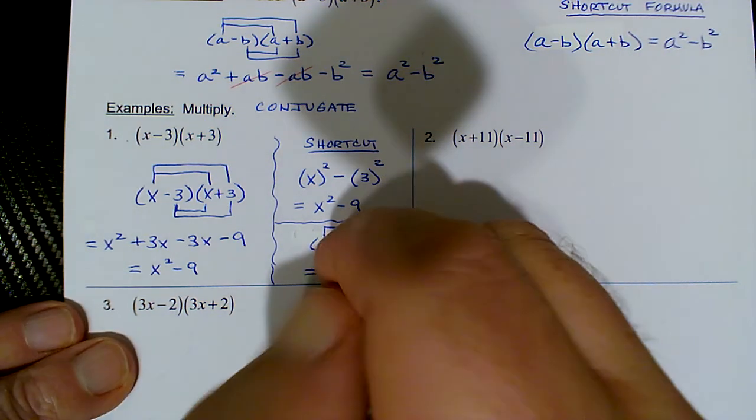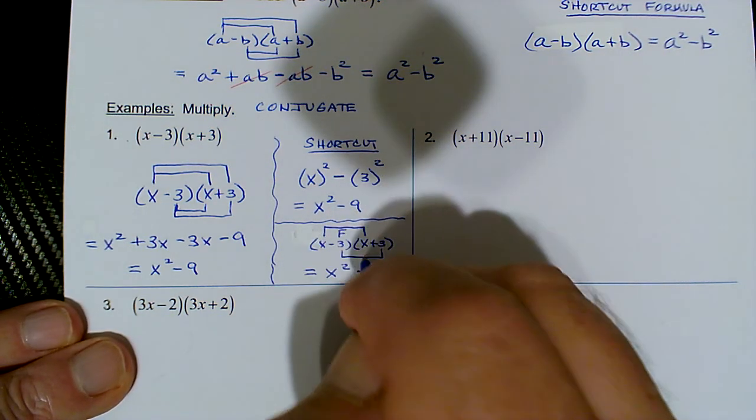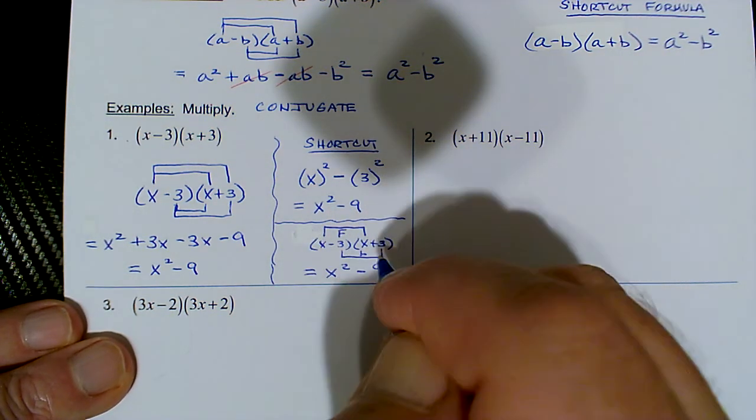So it's really just FOIL without the vowels, right? FL, first and last.